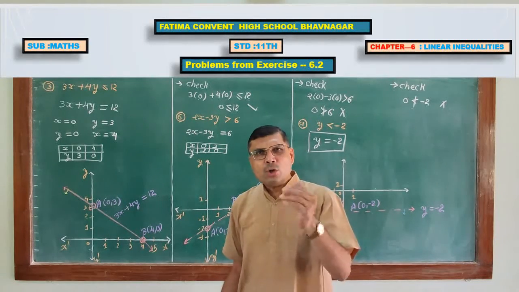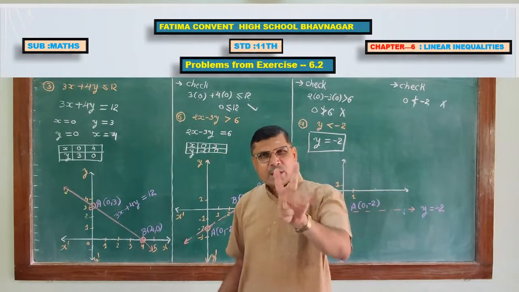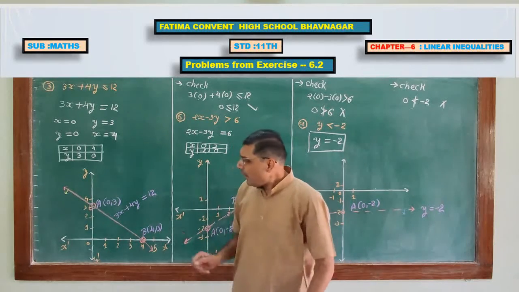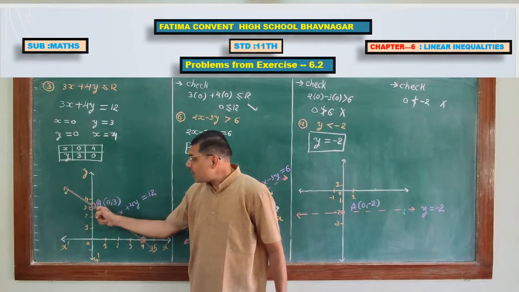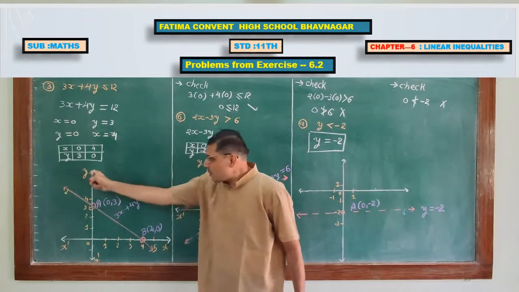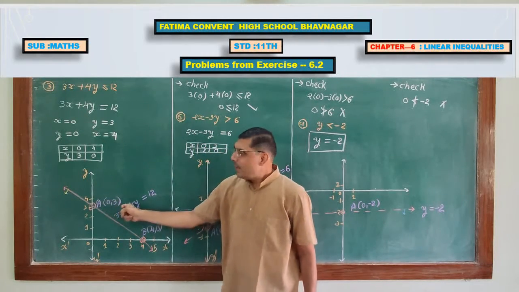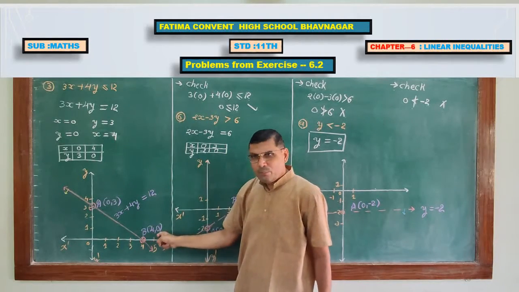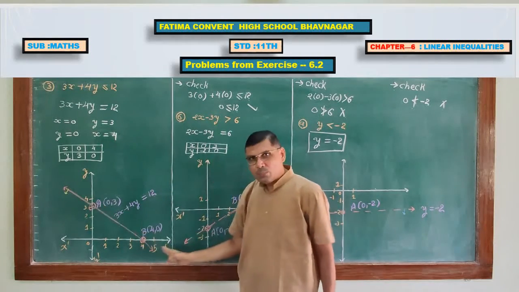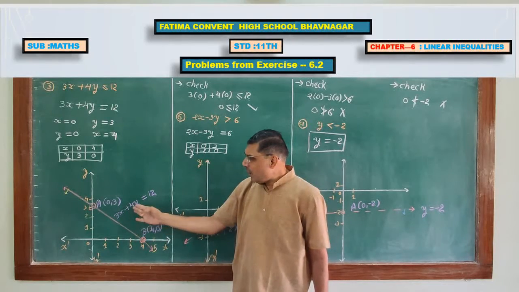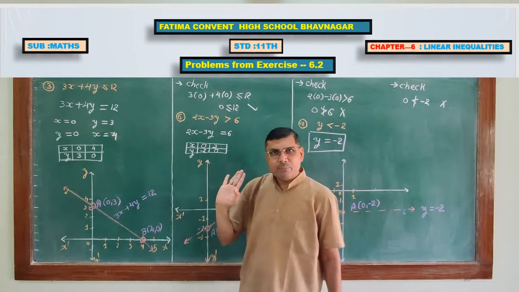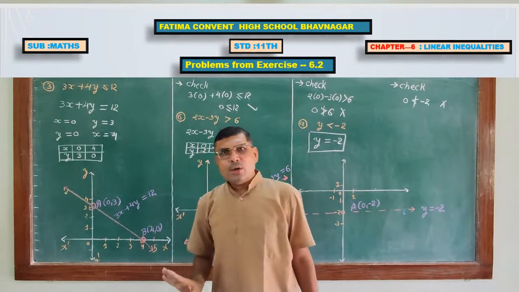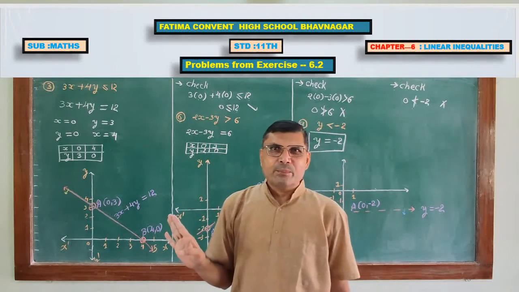If you take more than 2, no problem, but 2 is enough. So the points are A (0, 3) and B (4, 0). Now join these two points. So this is your line 3x plus 4y equal to 12. This much you know right from the 9th standard.